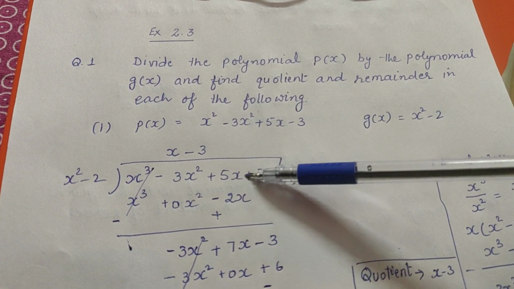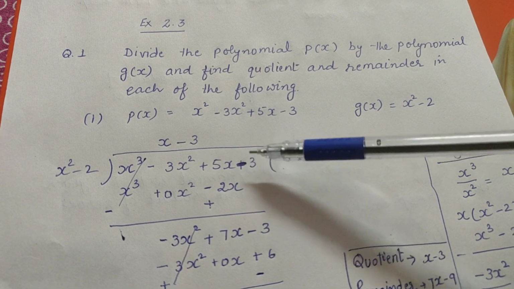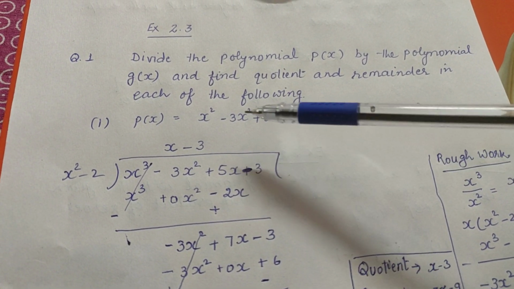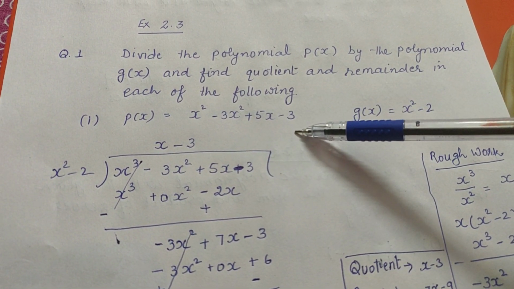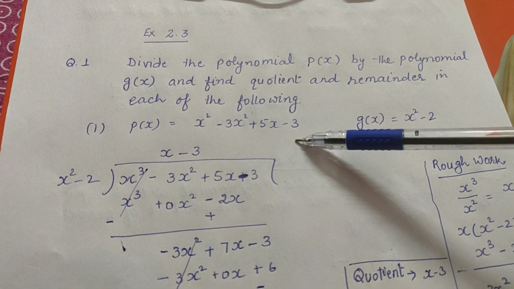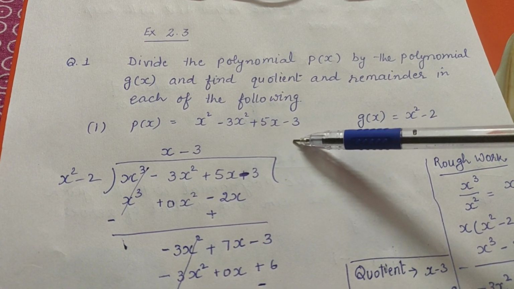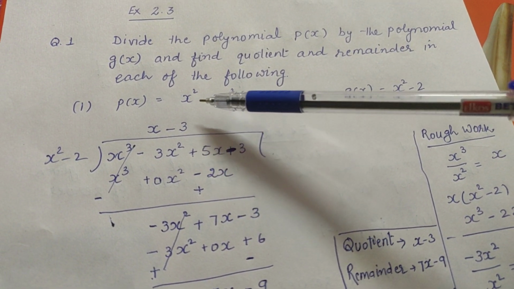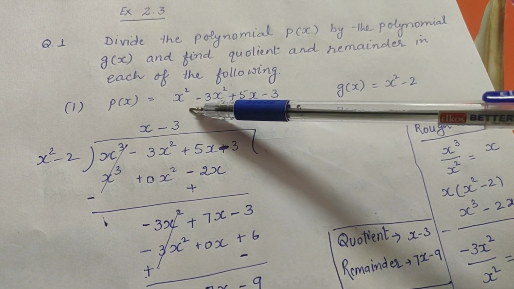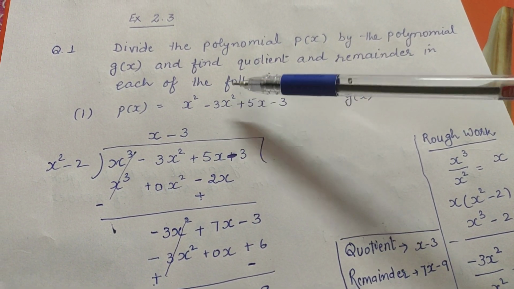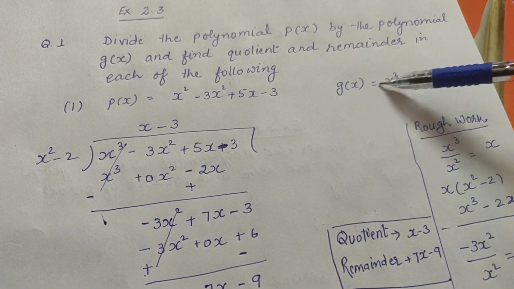Before you start the division, you must check that your polynomials are in the standard form, the general form. Now what is standard form? Standard form means the term having the highest power should be written first, then the next highest, and so on.